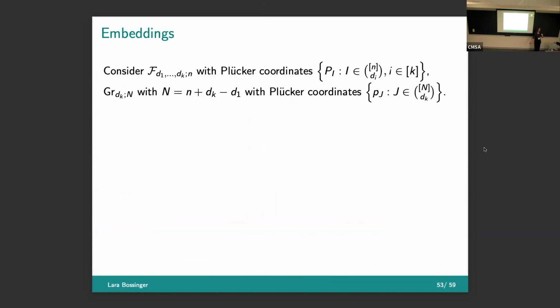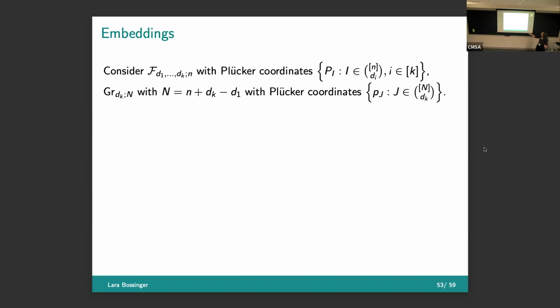Great. So let's remember, I wanted to go to this point of having cluster algebra embeddings. So how do we do that here? Well, we talked about the flag variety. The Plucker coordinates I denoted with capital Pi.